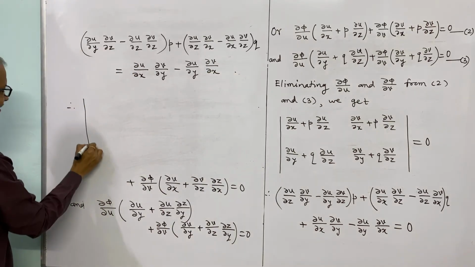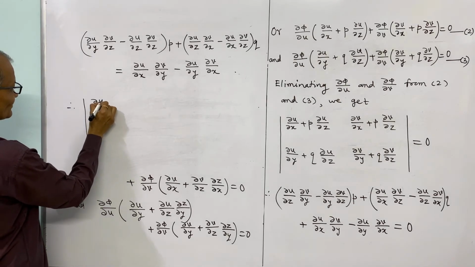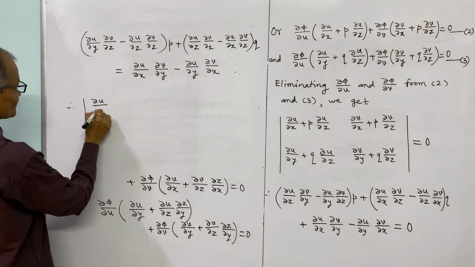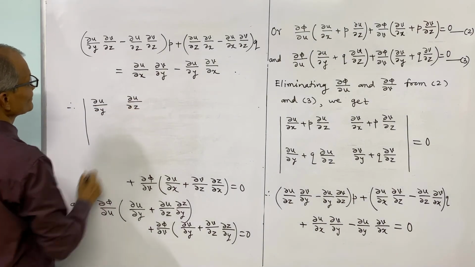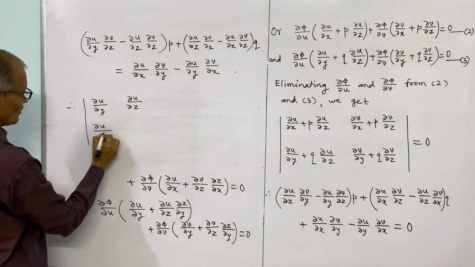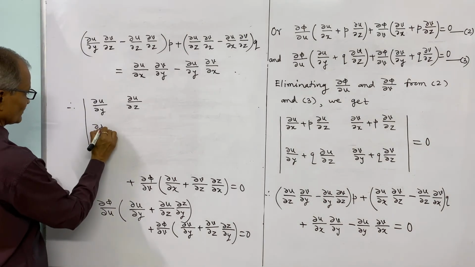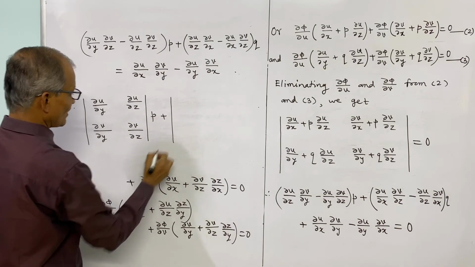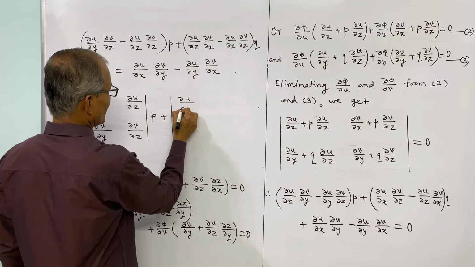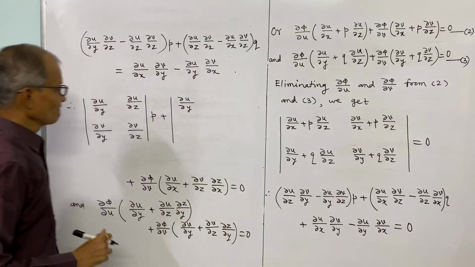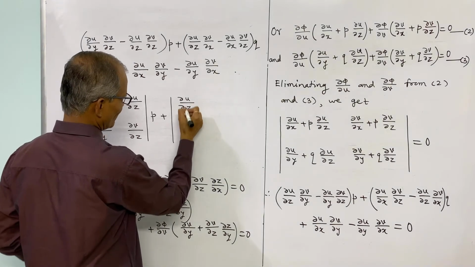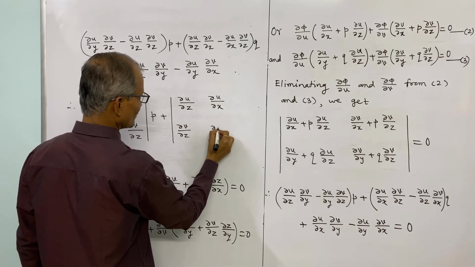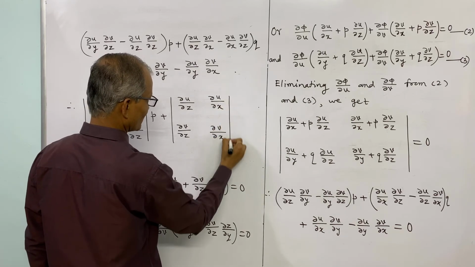Now this can be written in the form of another determinant. So now we will write this in terms of dou u by dou y, dou u by dou z, dou v by dou y, dou v by dou z, into p, plus this is to be written as dou u by dou z into dou u by dou x, and dou v by dou z into dou v by dou x, times q.